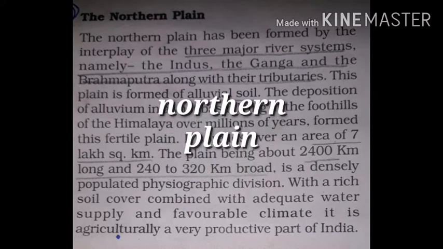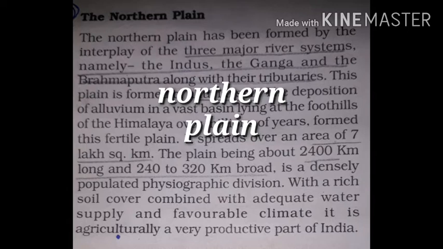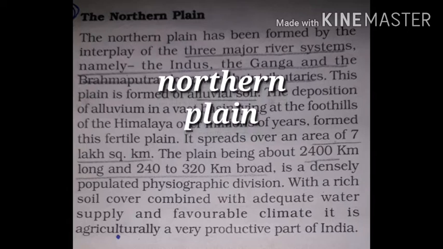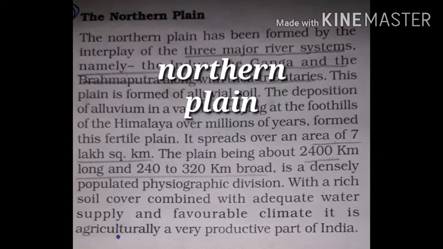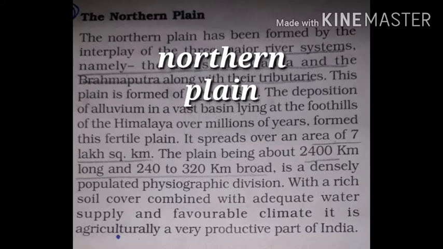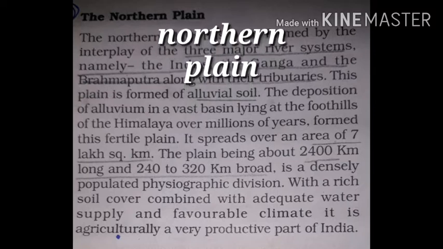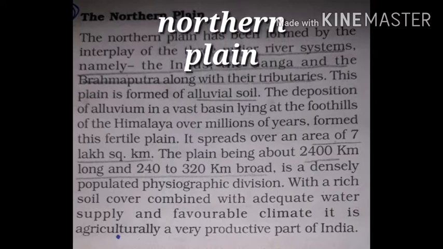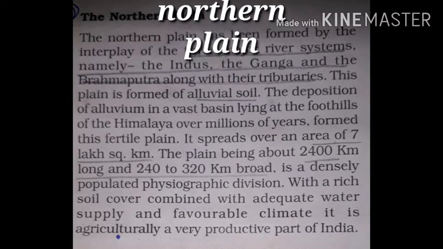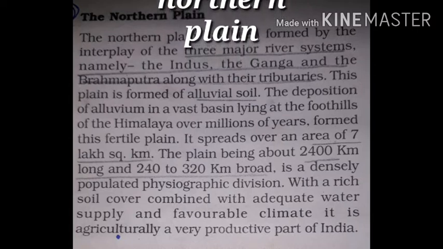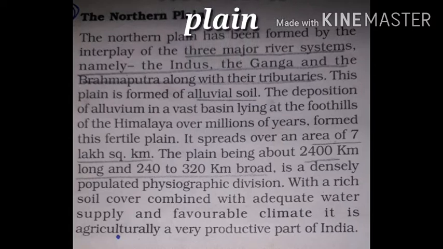The tributaries and many other small rivers originate from these three main rivers and form the plain, and this plain has alluvial soil, which is very fertile for agriculture purposes. The deposition of alluvial soil in this area dominates the agricultural land.